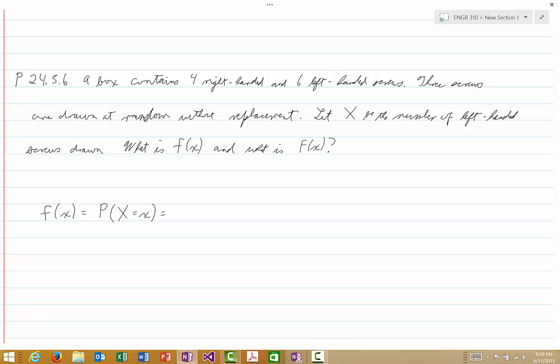Well, first of all we can note that capital X is representing the number of left-handed screws, and the lowest value that number can have is 0.